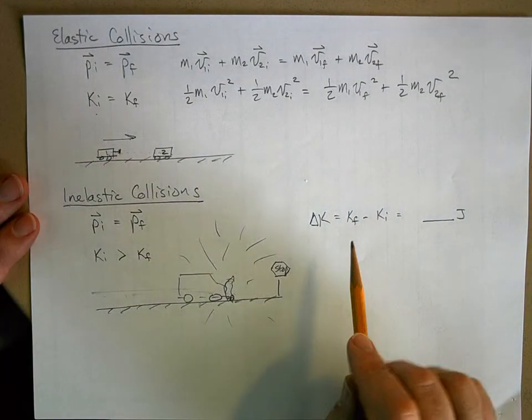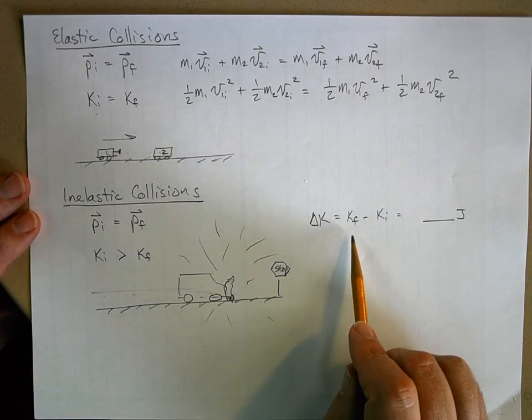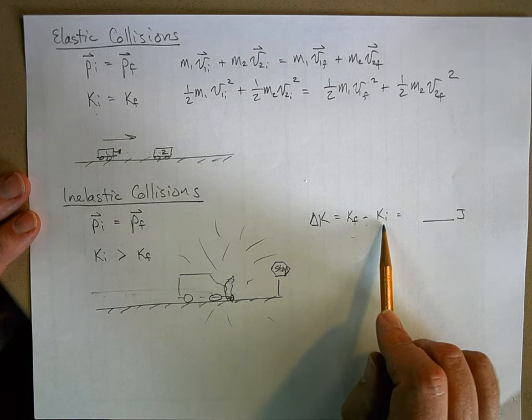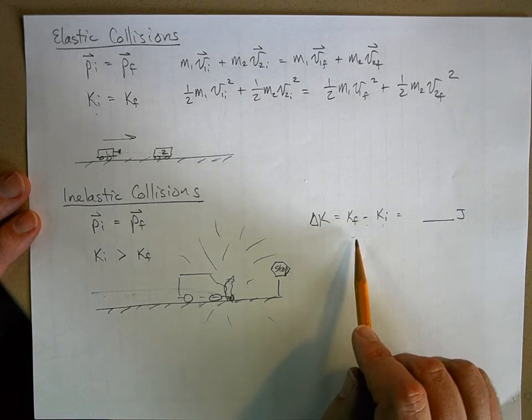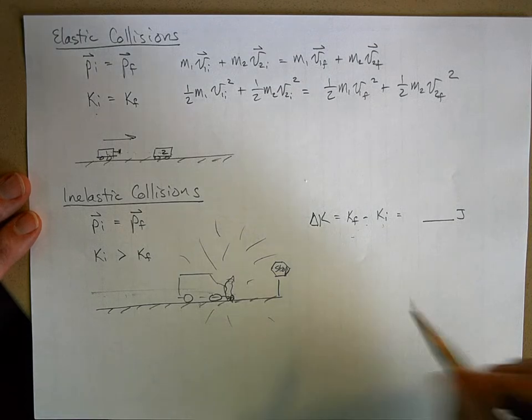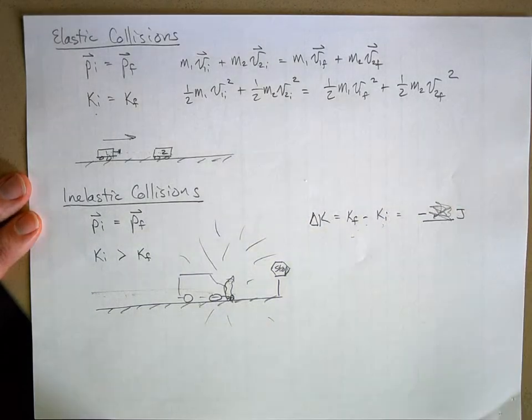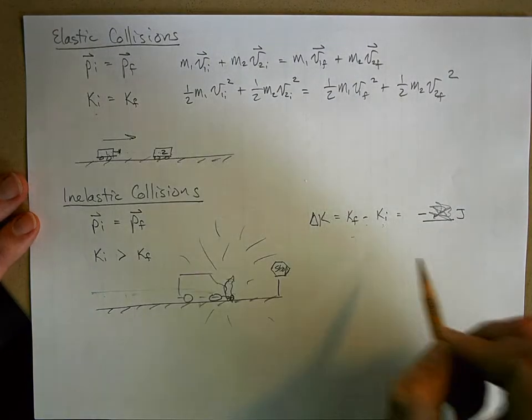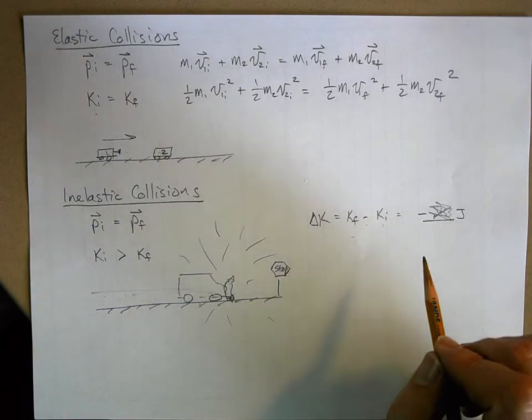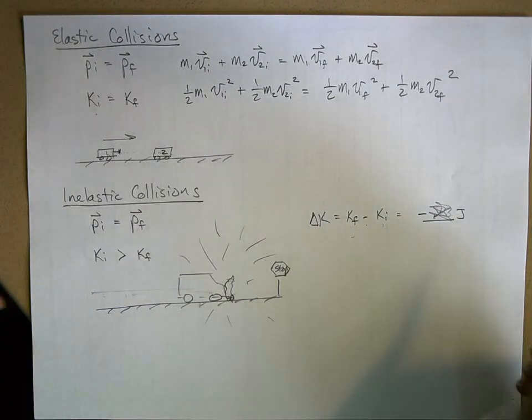Well, if K final is less than K initial, you're going to get a negative answer, negative whatever joules. And what that means is we lost kinetic energy during that interaction.